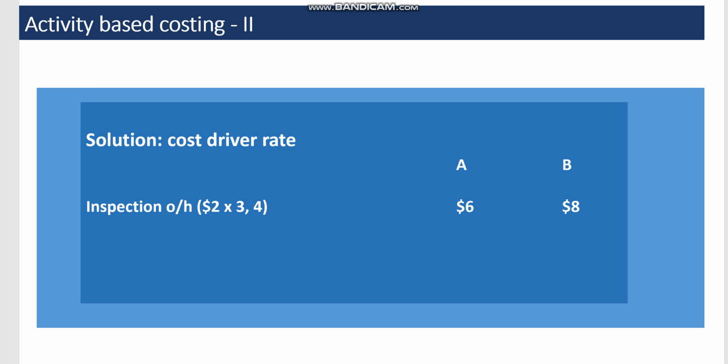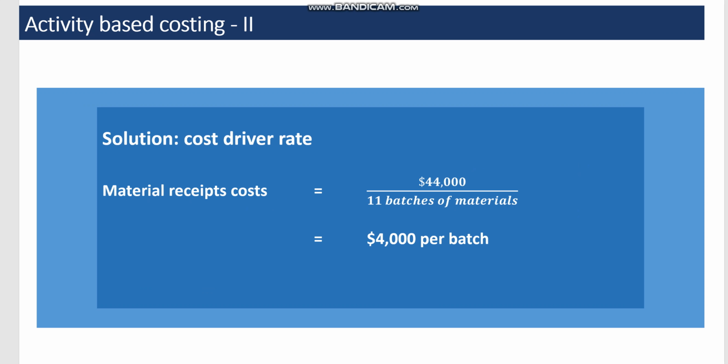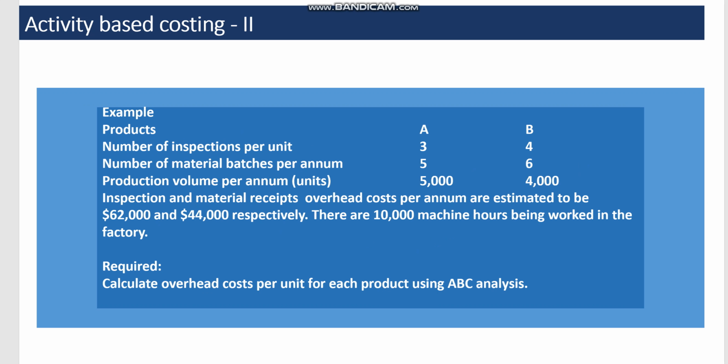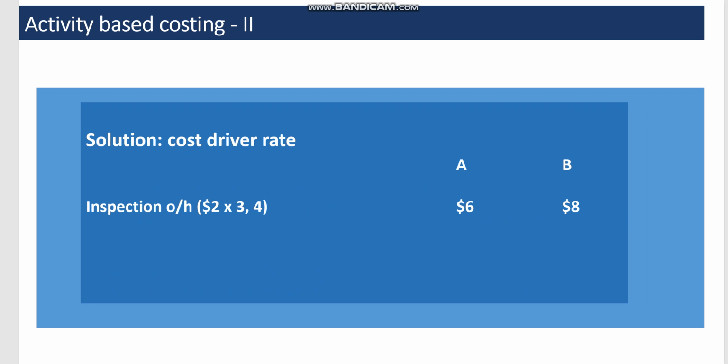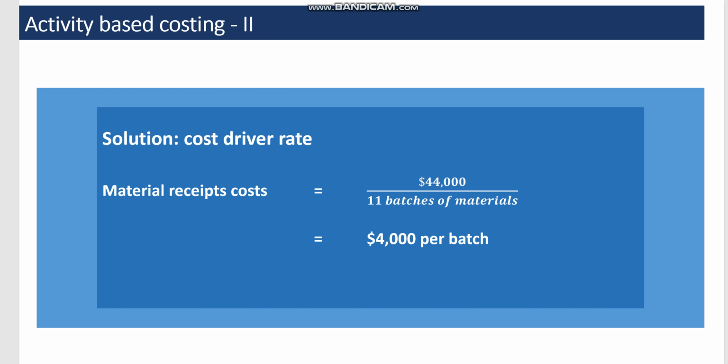The second cost driver rate was material receipt cost, which was $4,000 per batch. And we were given how many batches are used for A and B: 5 batches for A and 6 batches for B, but that's not given per unit, it is given per annum. So please keep in mind, we need to work out the material receipt cost per unit.